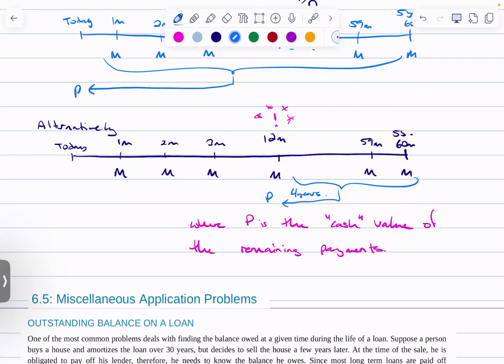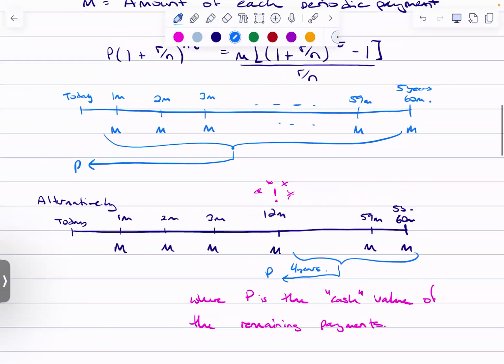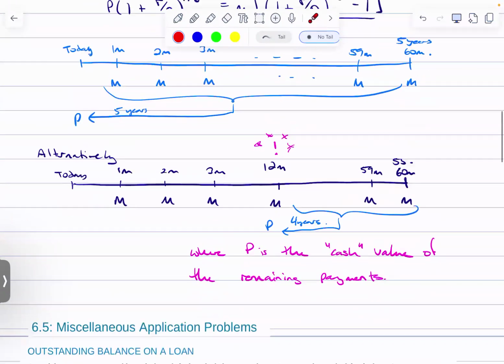But that's okay. The number of payments was over 5 years, and we know how to solve that from last day. And so now all we're doing is shortening this a little bit, and taking into account just how many payments were remaining, that I already committed to pay. But it doesn't matter if you pay it as a lump sum or as these payments.